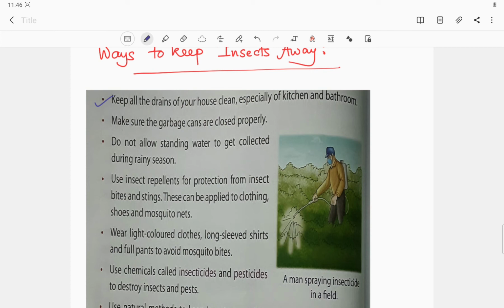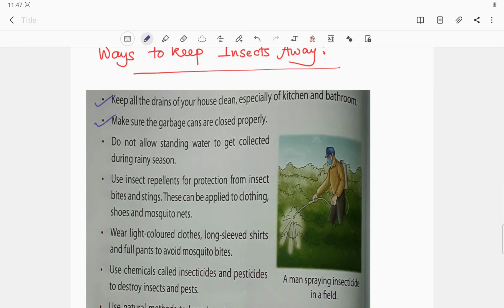Dysentery is called loose motion. So certain steps are to be taken to keep insects away. First of all, keep all the drains of your house clean, especially of kitchen and bathroom. Living houses' surroundings should be dry and clean. Make sure the garbage cans are closed properly.